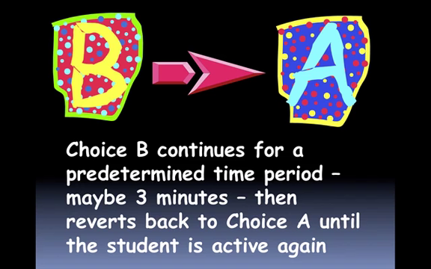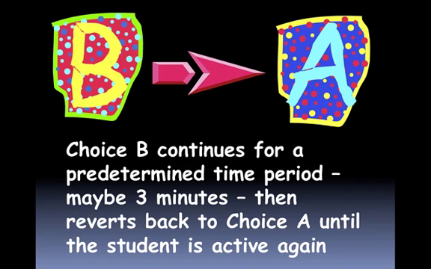So let's say I put my 2 choices out, and maybe my child looks over at choice B and kind of reaches for it. Then we're going to give them choice B. We're going to consider that being active and give it to them for maybe 3 minutes. And then we're going to revert back to choice A, so give them A back until they get active again.